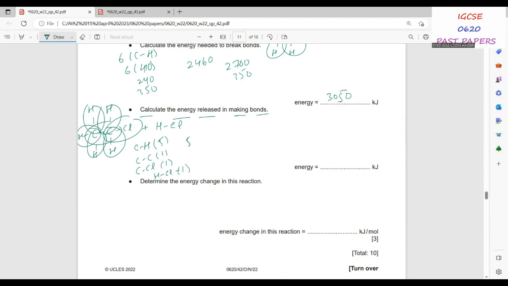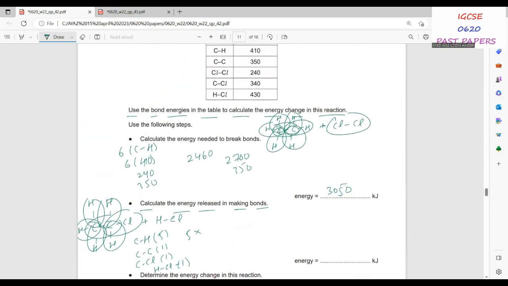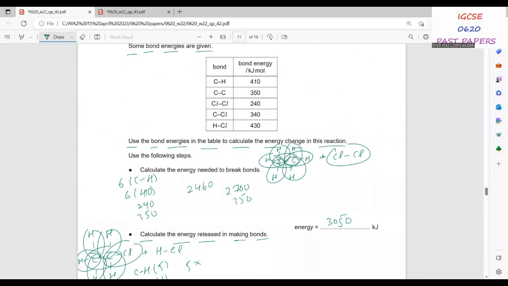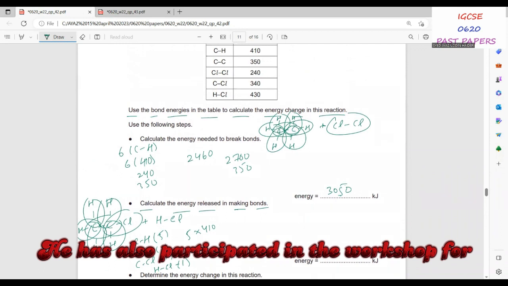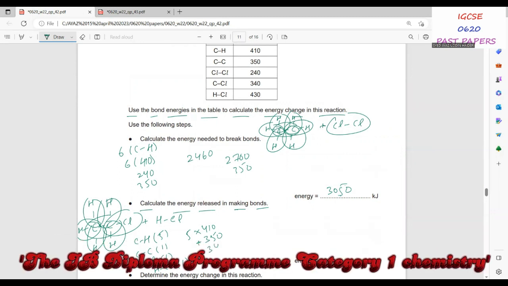So we will multiply 5 by 410. 1 CC bond will be 350, and 1 CCl will be 340, and 1 HCl will be 430. If you add these up, you will get 3170.